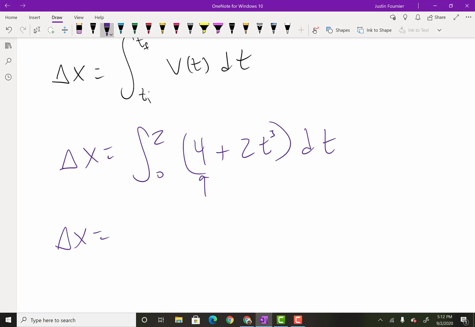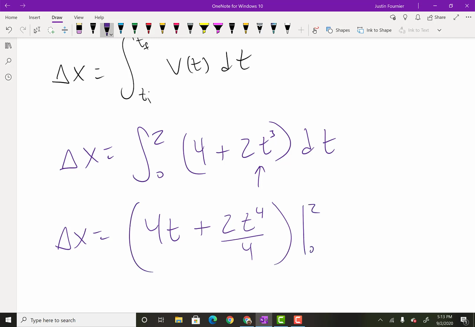So the integral of 4 with respect to t is equal to 4t. And then the integral of 2t cubed with respect to t is, I add 1 to the power, so that'd be t to the 4th power, but then I have to divide by the new power, so it's divided by 4. And then I'm evaluating this from 0 to 2.